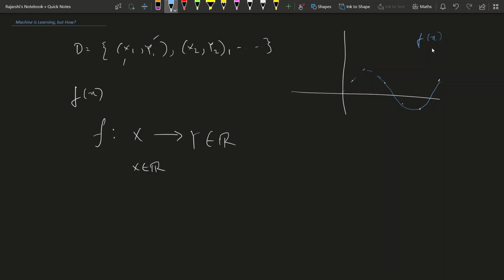So how are we supposed to do that? We will do that using a hypothesis set. We will first build a hypothesis. Looking at the nature of this curve, the data set, we can make an educated guess that maybe it's some sinusoidal function, for example h of x equals a sine bx.